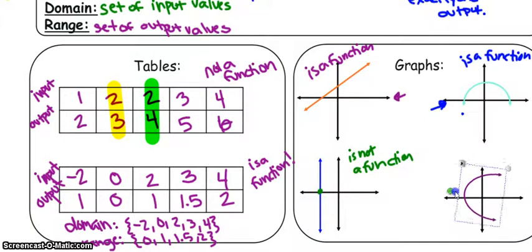But, if we have a graph that looks like this, is this a function? Well, if we look at it, right here on this x, there's only one y. But if we pick any other point on this graph to the right, there is a point on top and there's a point on bottom. There's two outputs there. So that's not a function.